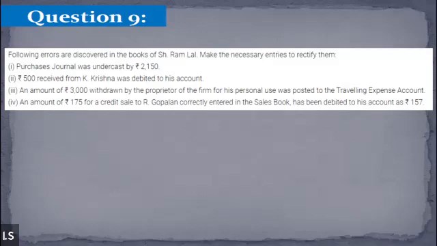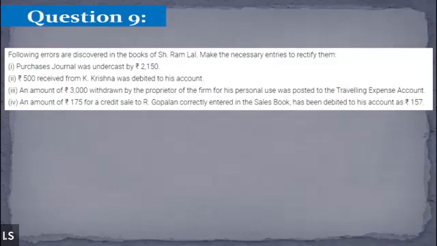Traveling expense account debit to bank. Correct. And what should be the correct entry? Drawing to bank. So that means in both the correct and the wrong entry, bank is going to be credited. So there is no mistake in the credit part of the entries, right?